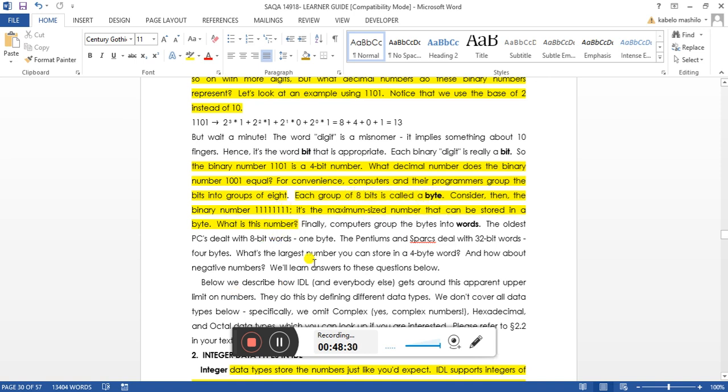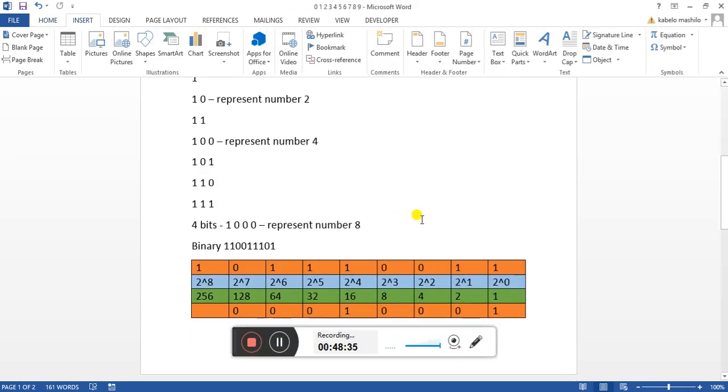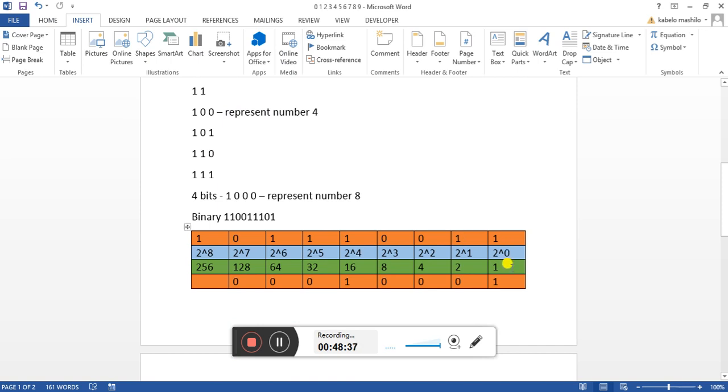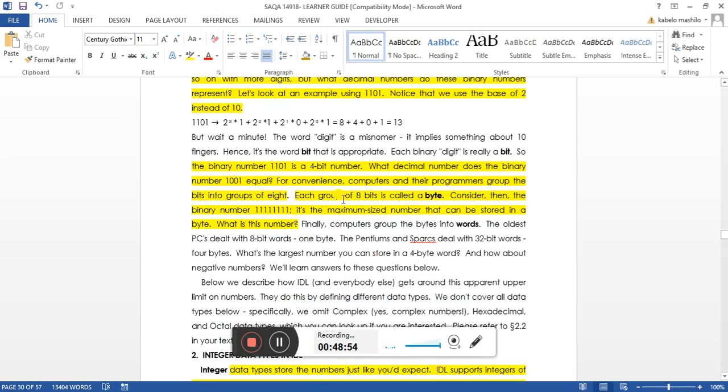So let's go back here. From 1 to 8, it's 1 byte. So that's what they mean when they say they group each byte. Consider then the binary number 11111111, the maximum size number that can be stored in a byte.